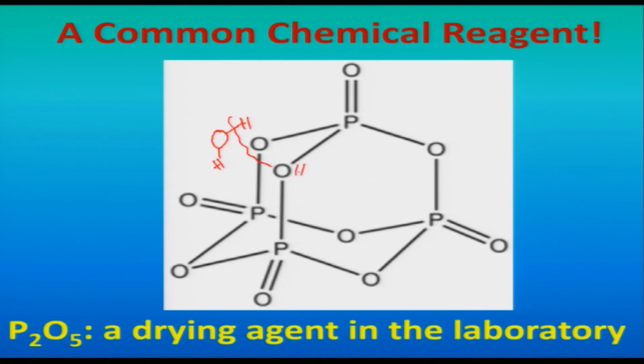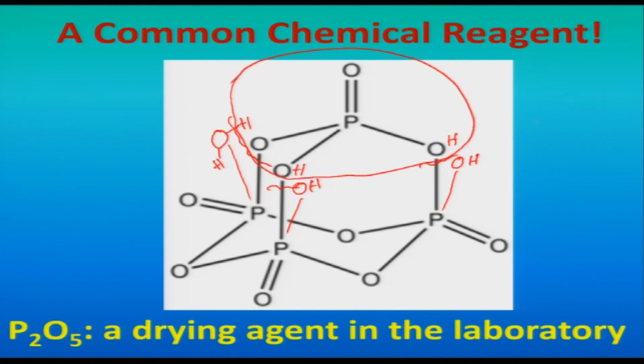Similarly, this also forms OH out of such a break, and of course, OH is there, which actually forms a bond to this phosphate. And so, what is exactly happening? You see that this is what is happening. You have phosphoric acid, OH, OH and OH. This phosphoric acid is formed at the end.